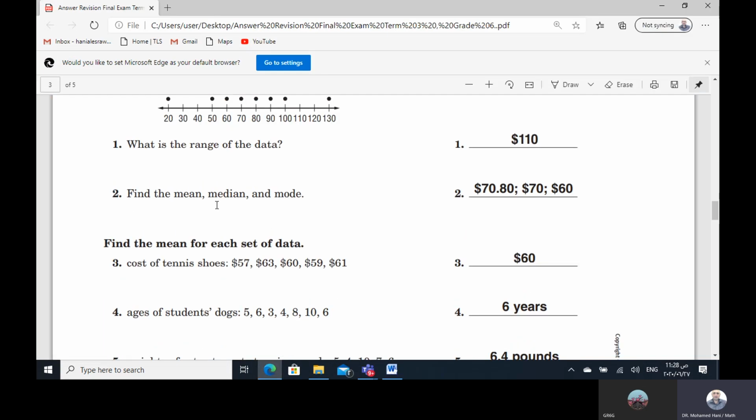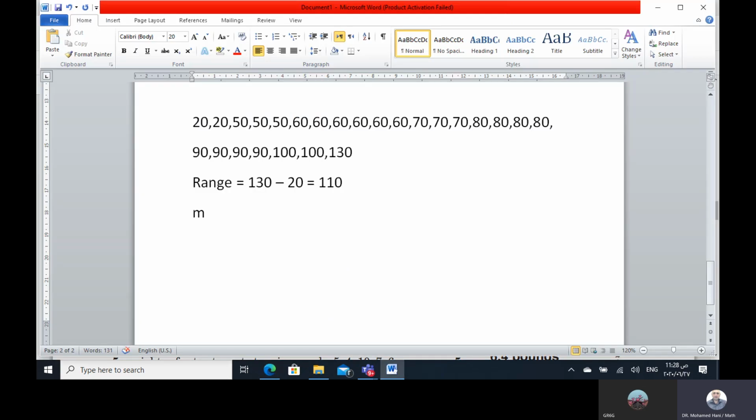Now find the mean, the median, and the mode. The mean: try to add all the numbers.